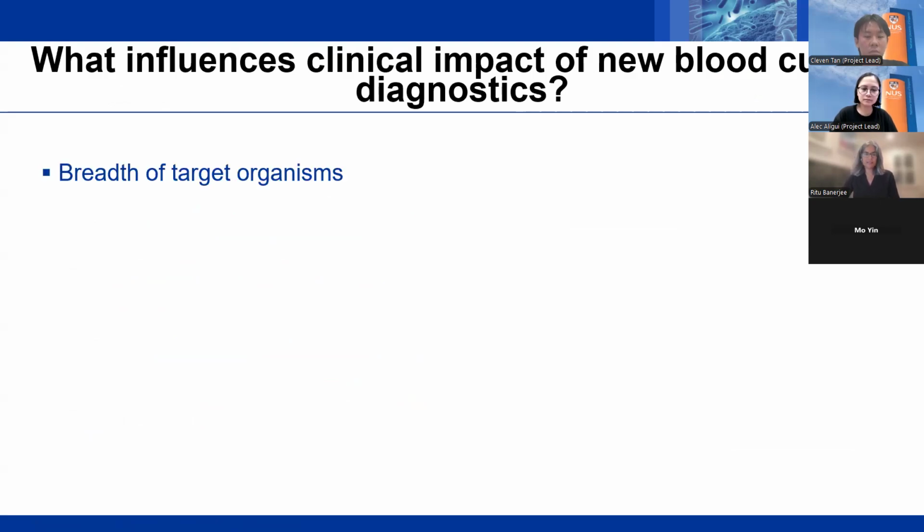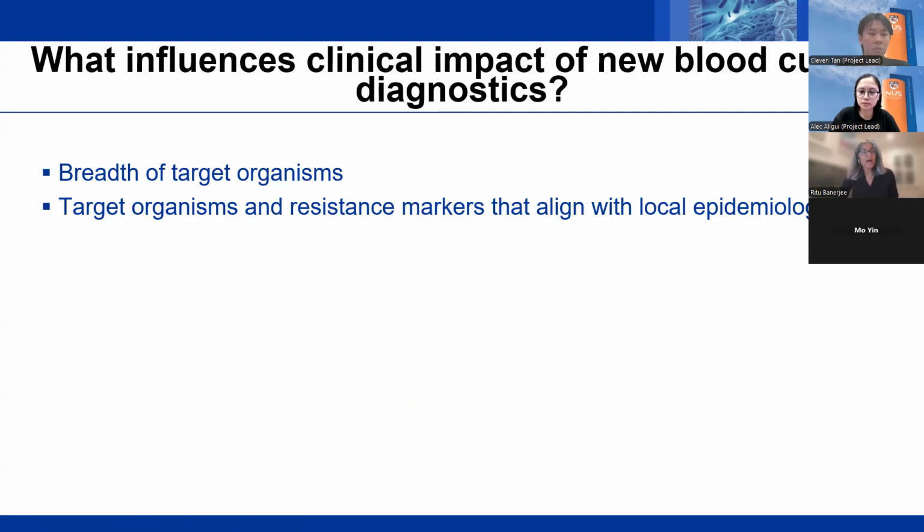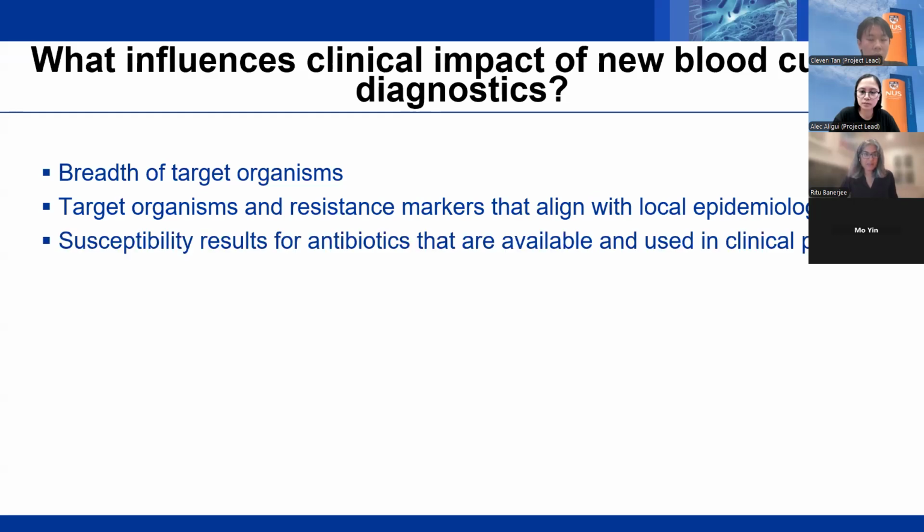new blood culture diagnostics. So one of the first things that's important to consider is the breadth of target organisms. If the diagnostic does not cover the vast majority of organisms that cause bacteremia, it will not be so useful. Also, does the diagnostic include target organisms and resistance markers that align with local epidemiology? Of course, that's important.